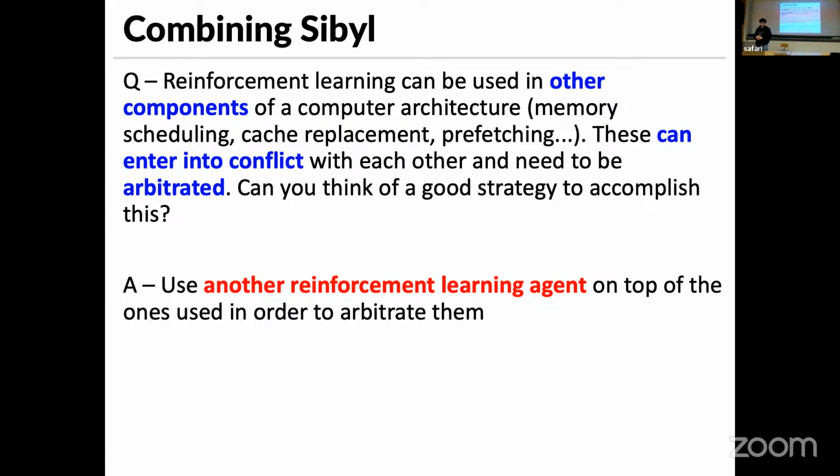So instead of using heuristics or whatever other strategies we have seen, you could use another reinforcement learning agent on top, which uses the same strategies in order to learn which agents it should enable or disable. Then you would still have this sort of generality and an ease of implementation. So that's the idea.